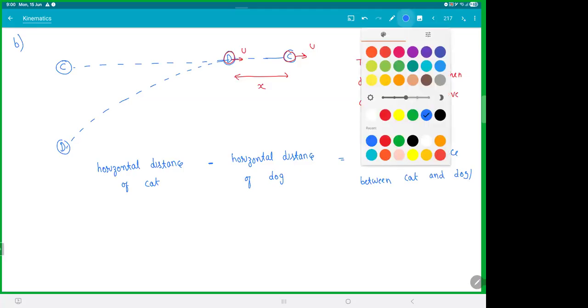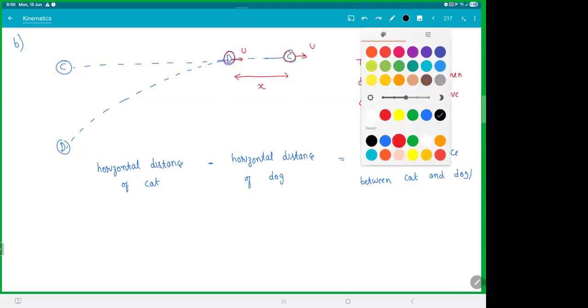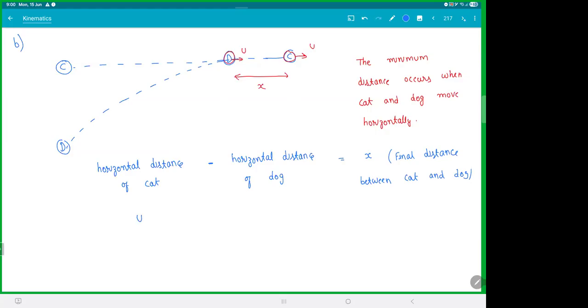Are you getting what I did there? I'm saying this distance, the cat's distance, this is the dog's distance. If I subtract them, that should be x, right? That statement is clear. What is the cat's distance? u into t. What is the dog's distance? Remember, that also became u, so which is u cos theta dt. And this thing is equal to x.